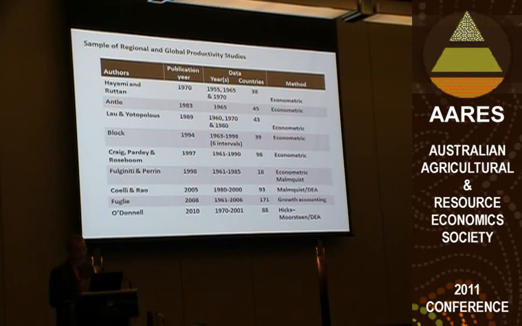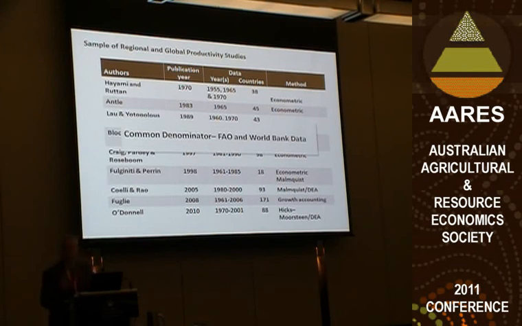We all use different years and different data spans, different countries, and we use a range of different methodological approaches, but we have one thing in common. We all draw on the same database. We all draw on the World Bank and the FAO data.